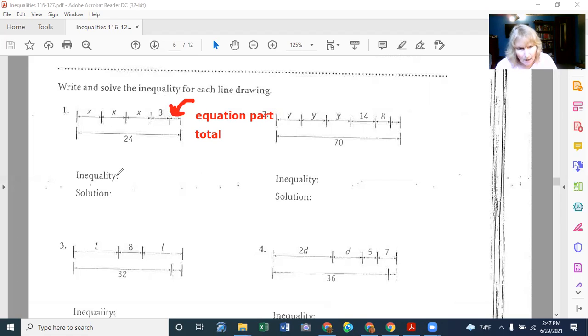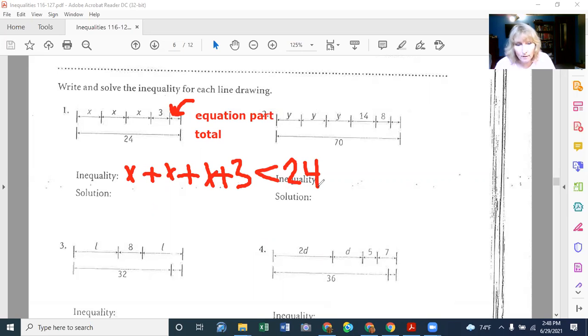So we know that if we add x plus x plus x plus 3 plus the unidentified part, then that would be equal to 24. But since we don't know the unidentified part, we know that this part here, not including that little section that's not identified, has to be less than 24, because 24 is the total of all the sections.